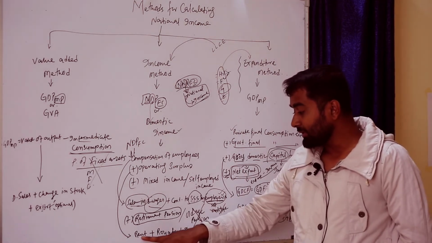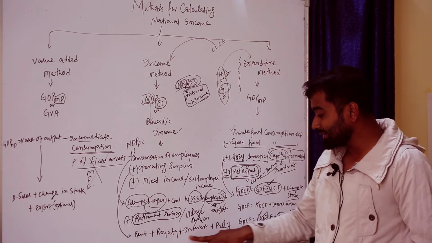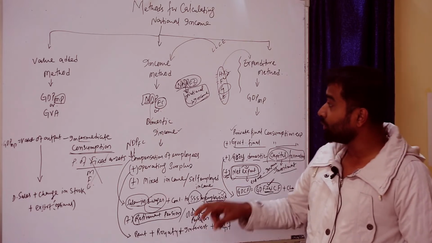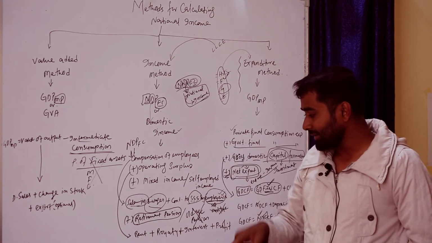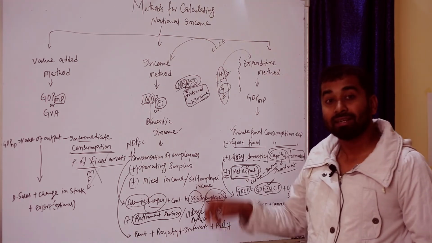Now come here: rent, royalty, interest. These are actually part of the four factors only. The rent comes under land. Royalty is a part of profit. Interest is for capital.